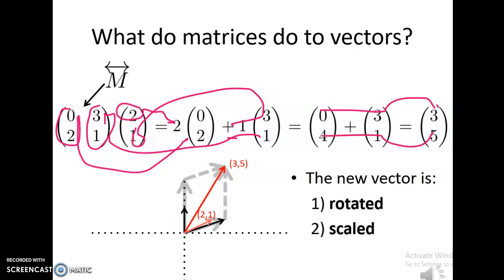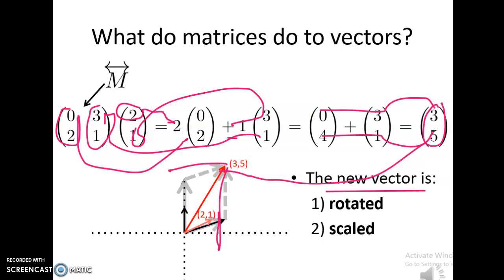So 3, 5 is the output: 3 on the x axis, 5 on the y axis.